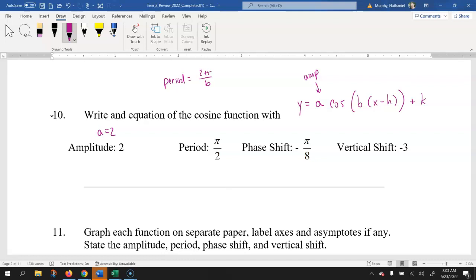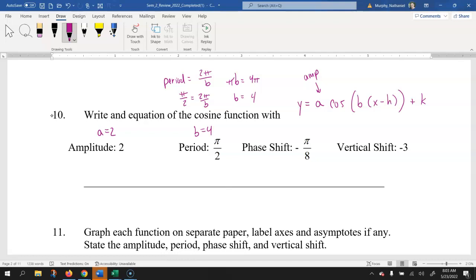In this case, we know the period is pi over 2. So to figure out what b is, we could cross multiply. If you did that, we'd have 4 pi equals pi times b. Divide both sides by pi, and I get that b equals 4. So the b value equals 4.